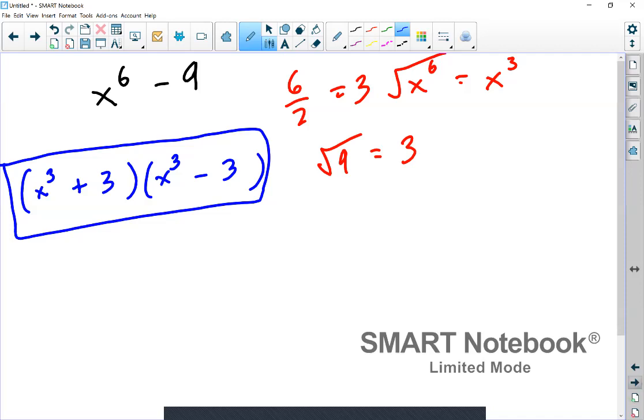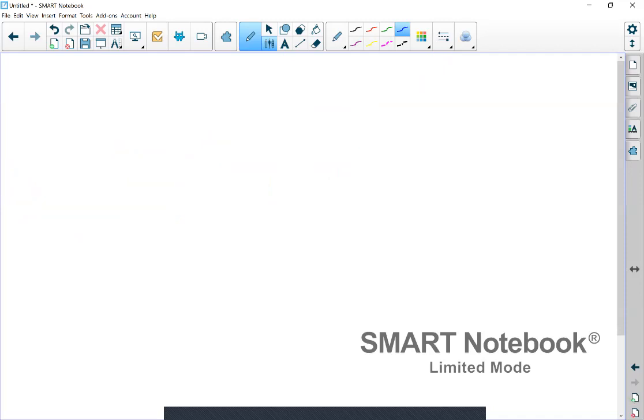One last one. This one is when they try to throw multiple variables at you and try to throw you for a loop. So they give you something like this: 16x squared y squared minus 25z squared.